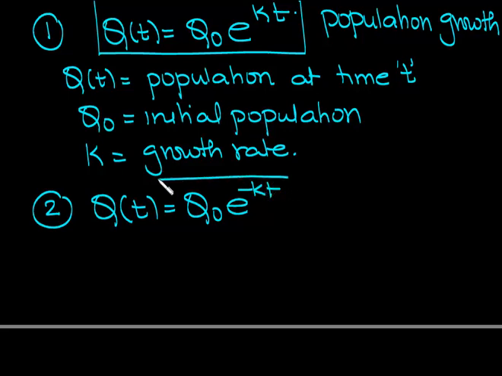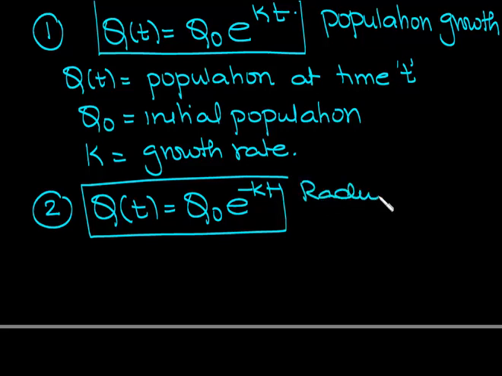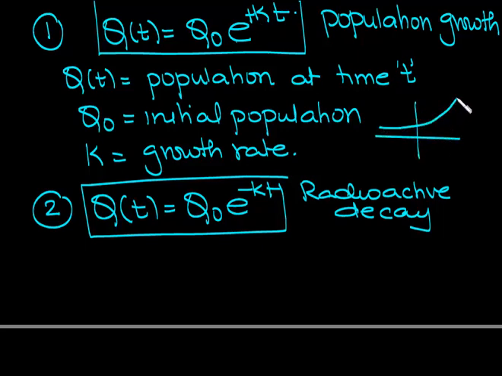So this formula is for radioactive decay. And it makes sense: when the exponent is positive, that means the function's increasing, so the population is growing. When the exponent is negative, then you remember it's like this, so then the function's decreasing.